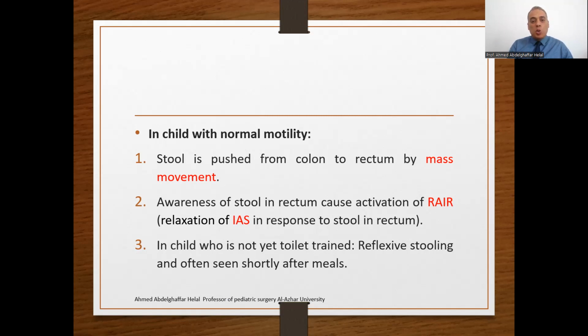In a child who is not yet toilet trained, activation of this reflex will lead to reflexive stooling and passage of the stool, often seen shortly after a meal and termed the gastrocolic reflex. So the process at this point ends with passage of the stool due to relaxation of the internal sphincter.